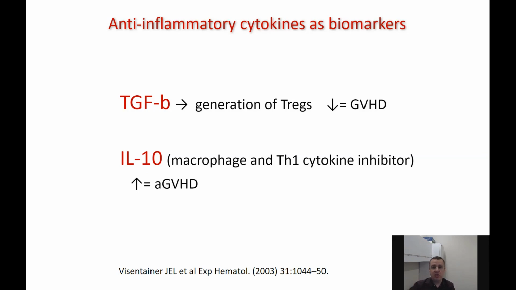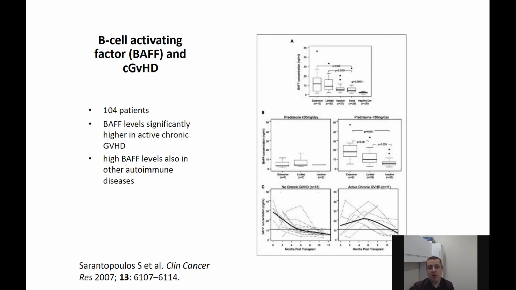However, the elevation of this cytokine can indicate a reaction of the patient's body to the inflammatory response of graft-versus-host disease. The same thing with IL-10, which is a macrophage and Th1 cytokine inhibitor. The levels of these cytokines seem to be increased when GVHD develops.